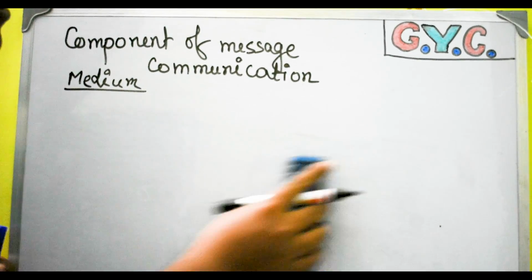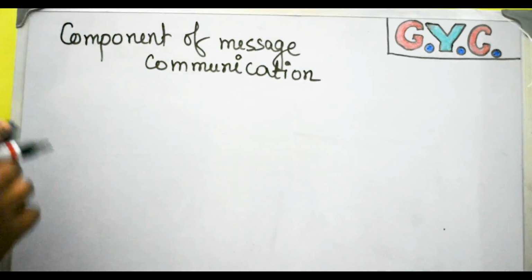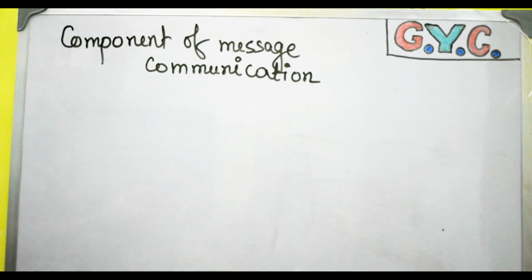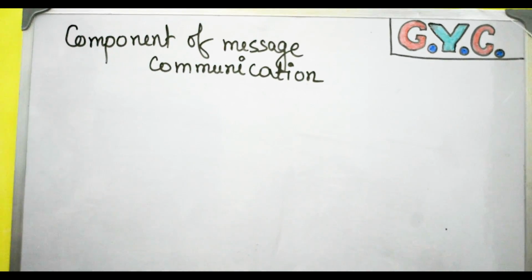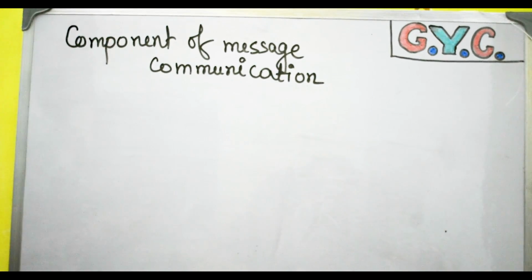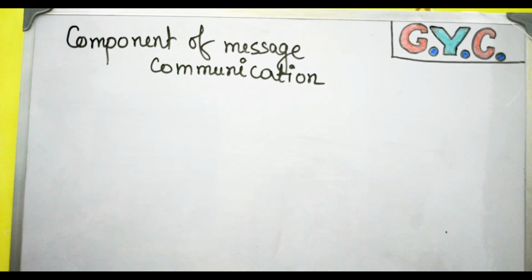So now we have a message, we have a sender, we have a receiver, as well as a medium which will connect the sender and the receiver with a channel. Is that a successful message communication?